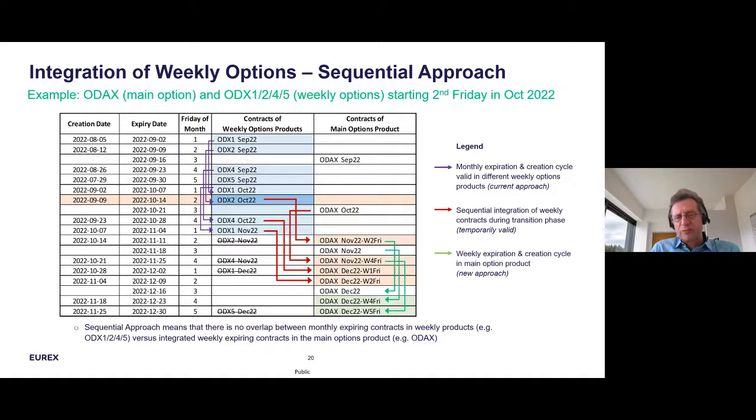And now we have completed the full series of weekly expiring options, and afterward it starts the regular weekly creation and expiration cycle. So that's the way we would like to do it for all option products which will have weekly expiring options, not only for the DAX option here, but for all others. That's basically the principle of how we would like to do that.